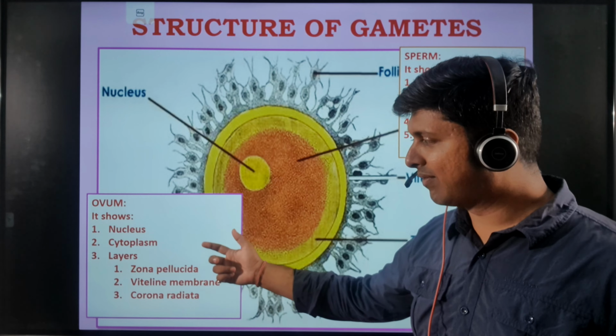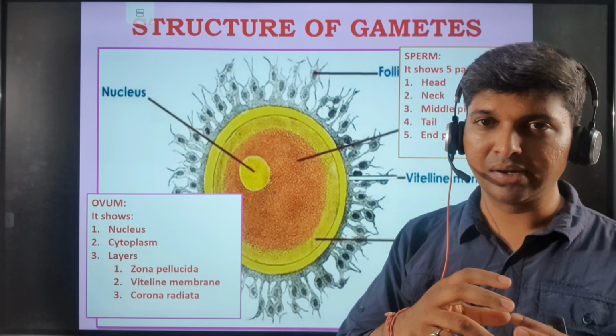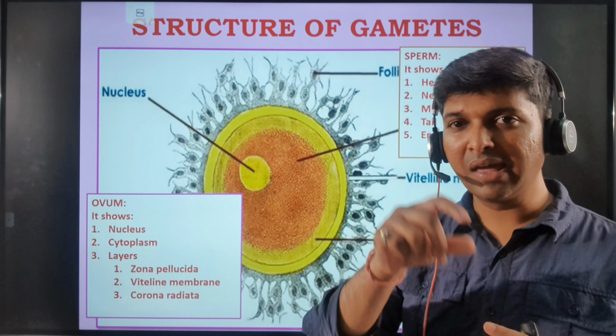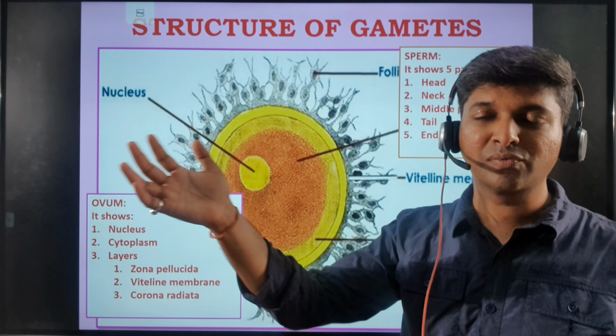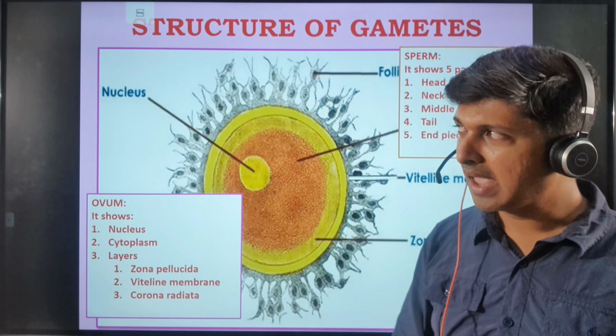Once the sperm enters, only the head is going to enter, and the tail is going to be chipped off. When the head enters, the vitelline membrane forms a very strong membrane which prevents other sperms from entering the egg.